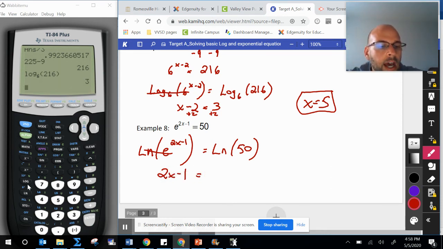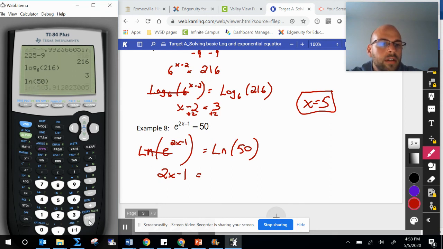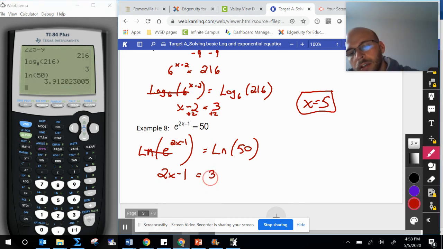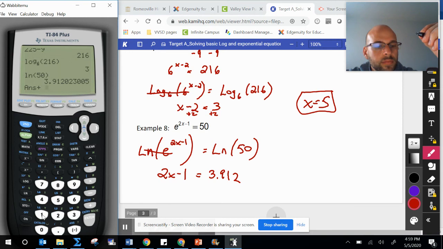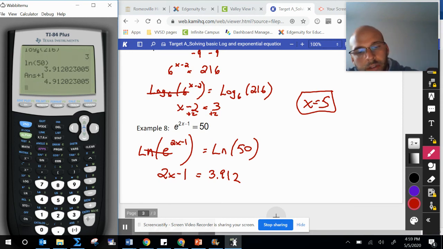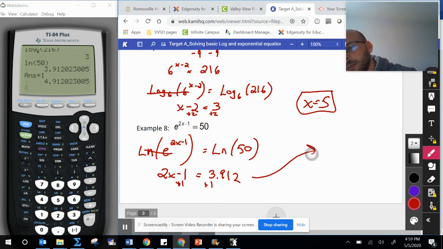Now there is, on your calculator, if you look at the left-hand side of the screen, the natural log button is on your calculator. So I can say ln of 50 is going to be 3.912-ish. I can then add 1. So we'll do that on the calculator. So if I add 1, I'm going to get, now I'm going to kind of give myself some room.